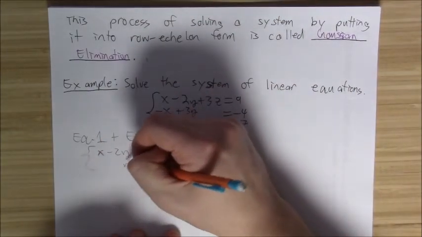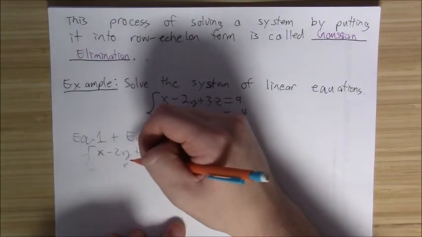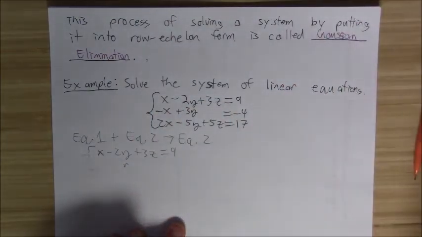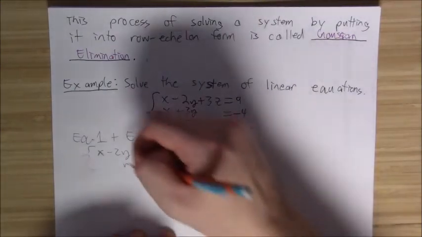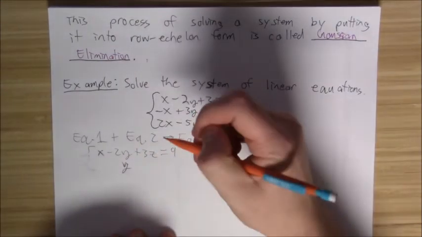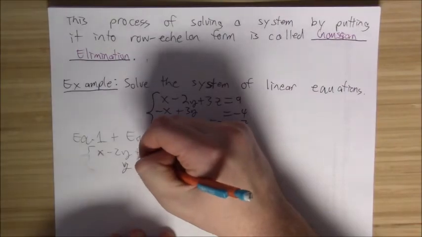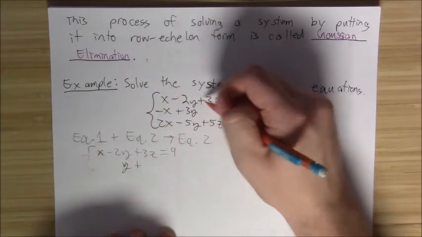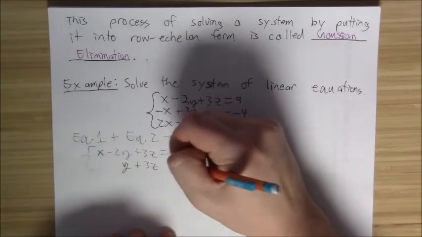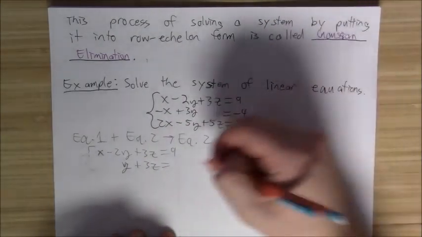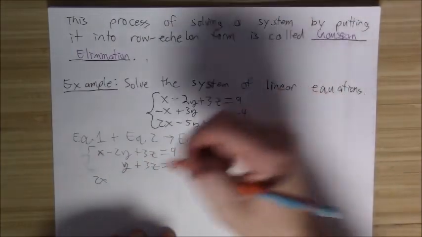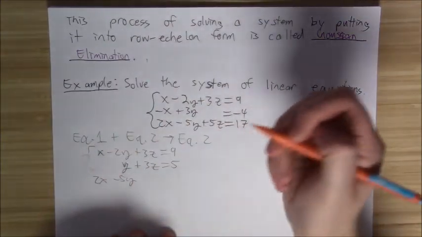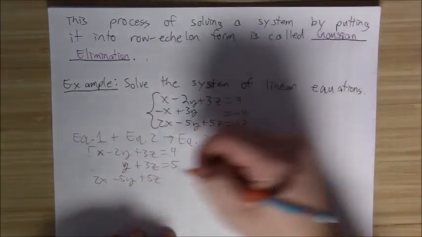Here, adding, I get a single y plus 3z, right? Because the 3z will be there. And then I get 9 minus 4, which is positive 5. And then the last equation stays the same, right? 2x minus 5y plus 5z equals 17.